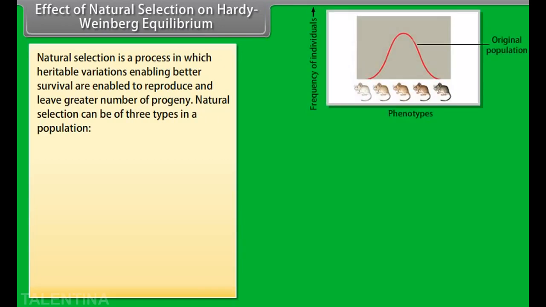Effect of natural selection on Hardy-Weinberg equilibrium. Natural selection is a process in which heritable variations enabling better survival are enabled to reproduce and leave greater number of progeny.